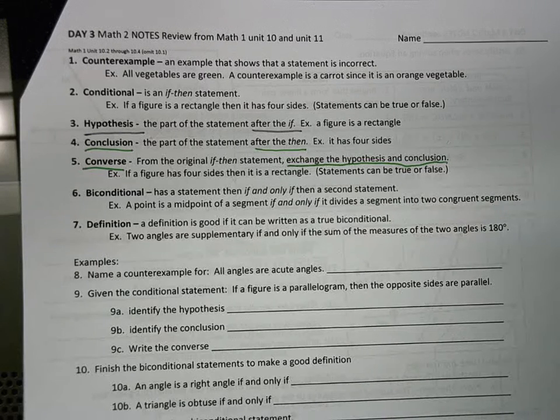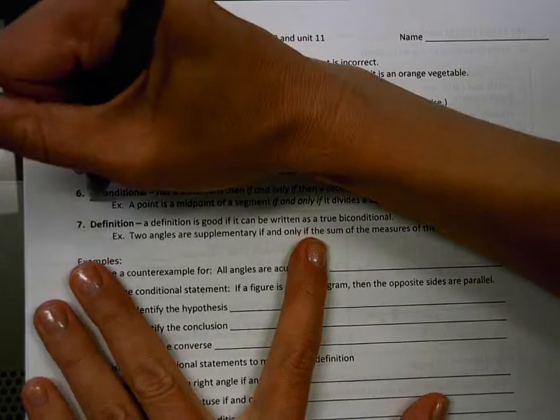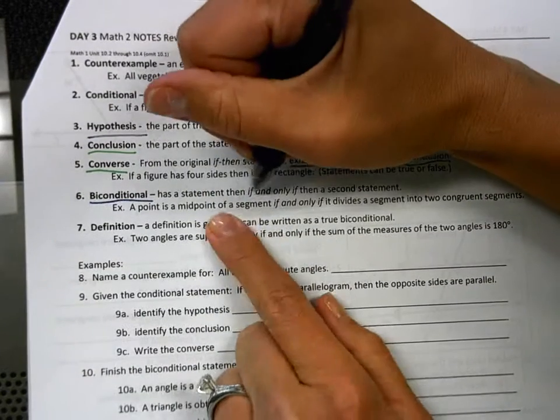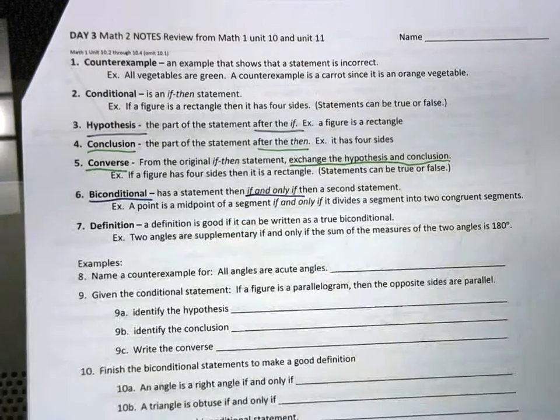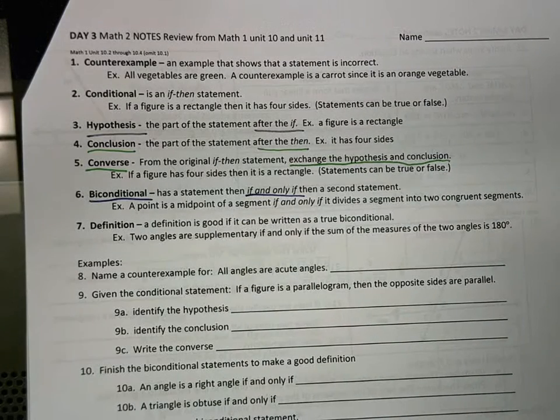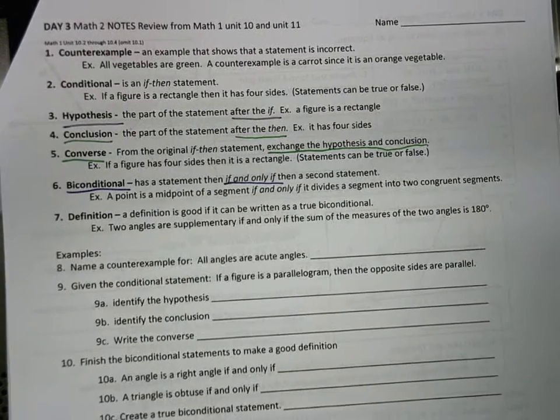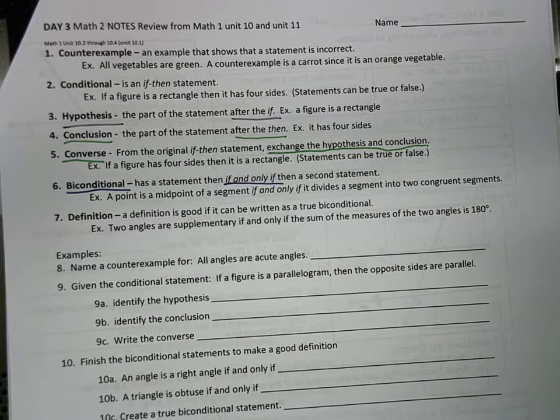Okay, so biconditional, okay, it's a statement that has if and only if. Okay, and the last one, definition. A definition is good if it can be written as a true biconditional.